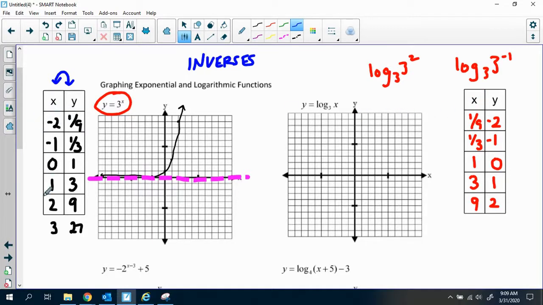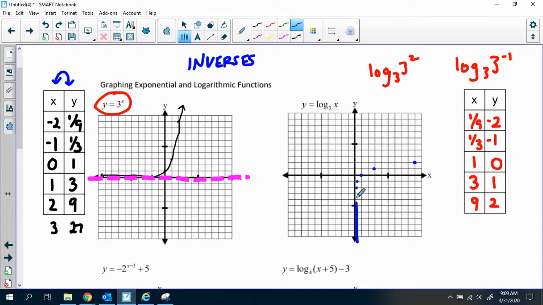So notice that in this table, if I just flipped the x and y values, I would get whatever's going on in the log table. So let's try subbing some of these in and putting them on the graph: 1, 0; 3, 1; 9, 2; and then they get really close to the axis from there.